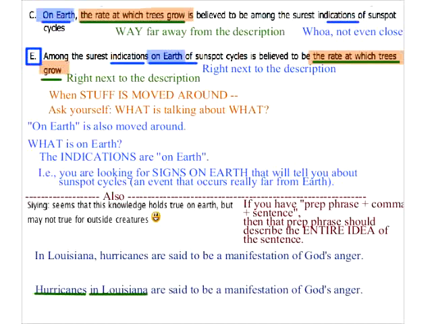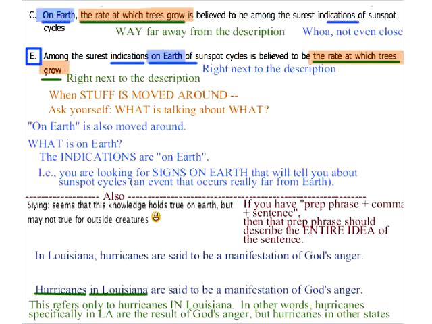This refers only to hurricanes in Louisiana. In other words, hurricanes specifically in Louisiana are the result of God's anger. But hurricanes in other states may not be. Kind of weird, but I'm making up the sentence on the spot here, so the best we can do.